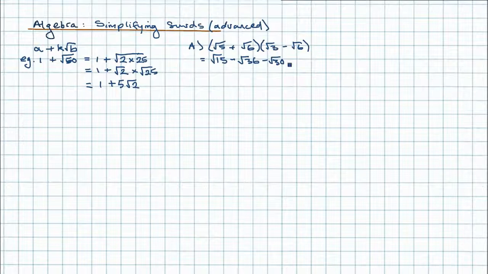And the inner is root 6 times root 3, which is going to be plus root 18. Now when we get to this stage, again, we're looking for something where we can simplify. We might have the same situation here, or here, where we've got a square in there that we can pull out. We're always trying to get as small a number as possible under the radical sign.